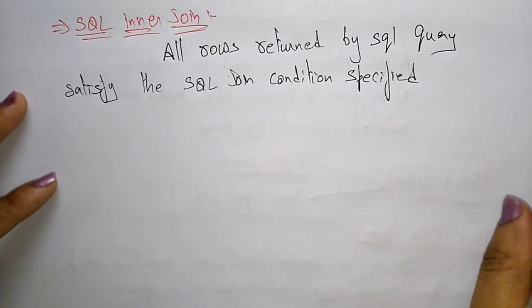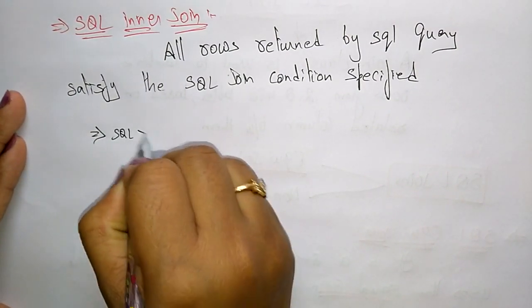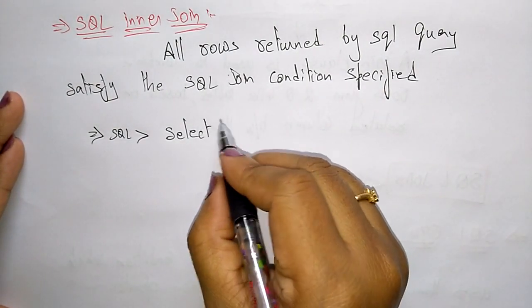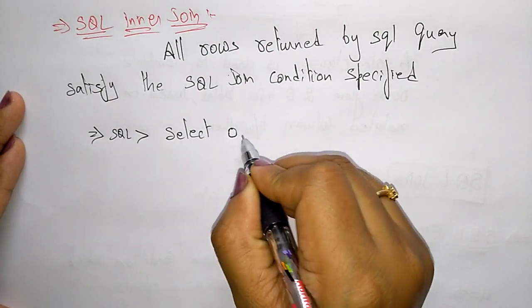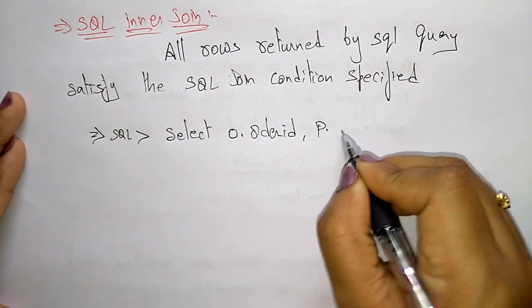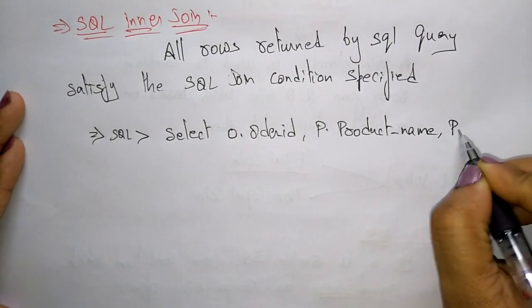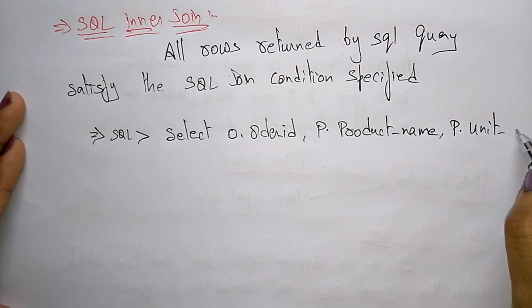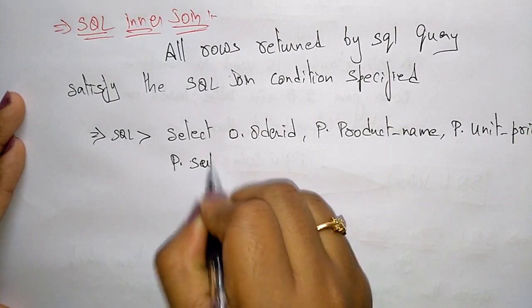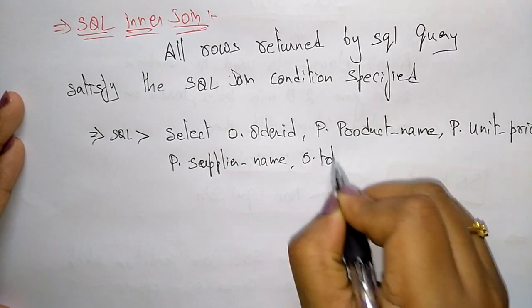Select O dot order ID, comma, P dot product name, comma, P dot unit price, P dot supplier name, and O dot total units.